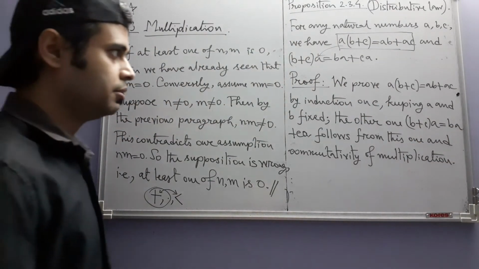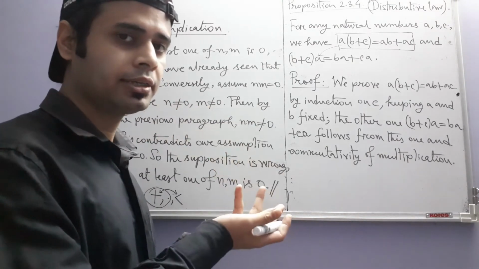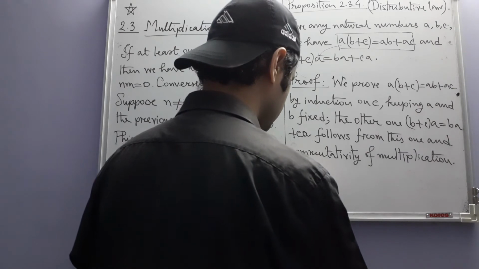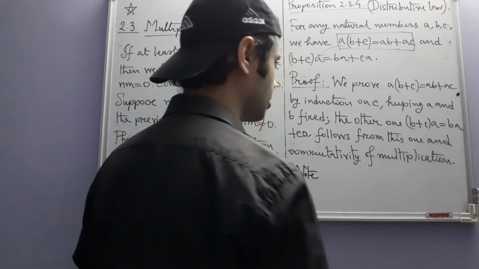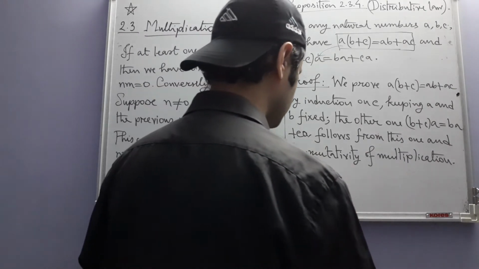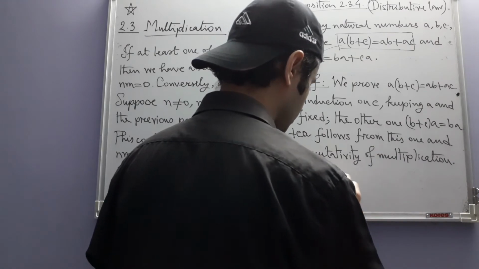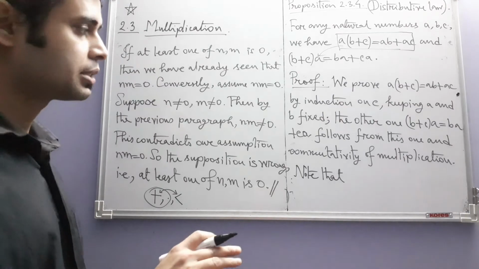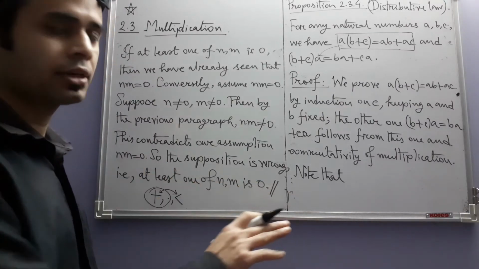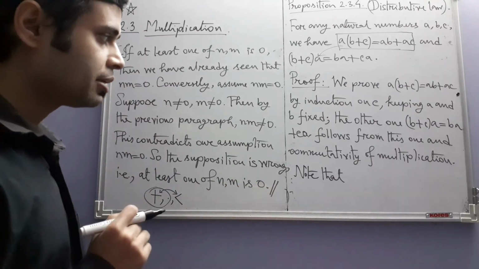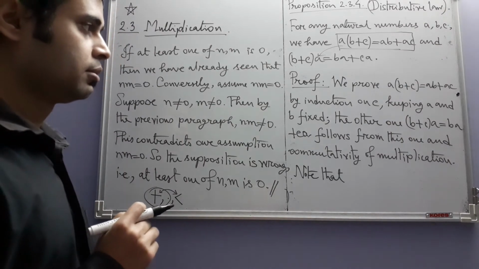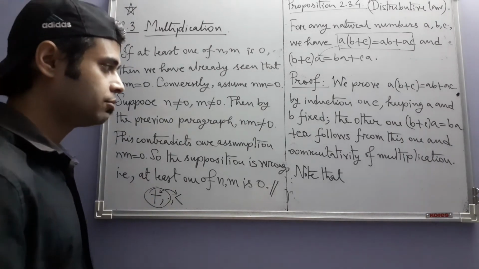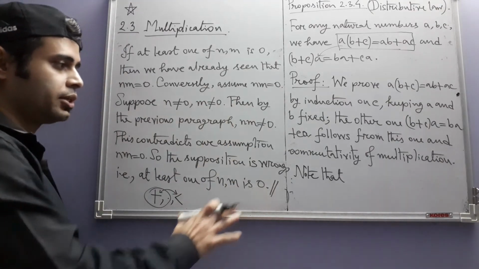Right? So now we are going to apply induction on C. See, having gone through so many induction proofs, and going on using induction left and right, this may give us the wrong impression that induction is the only way to proceed whenever something comes up.